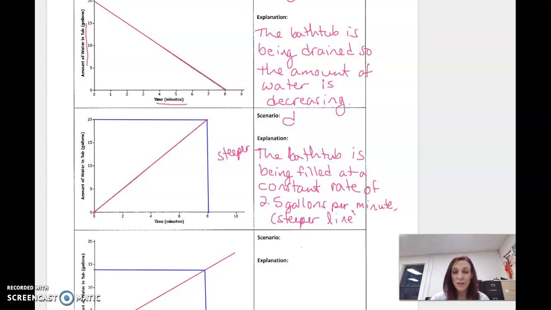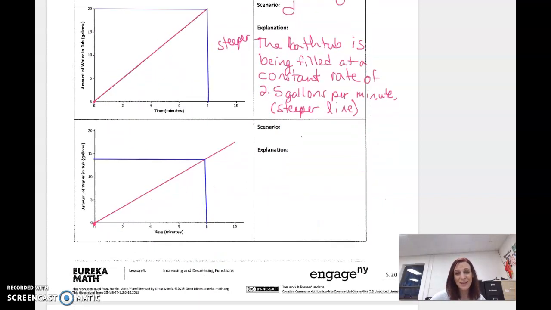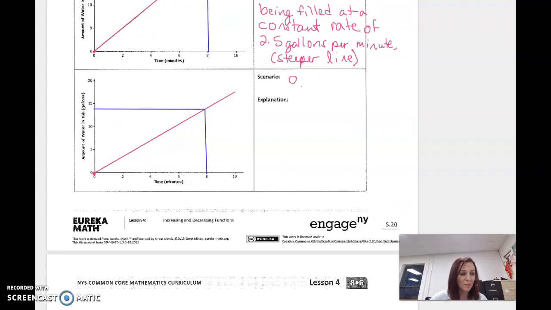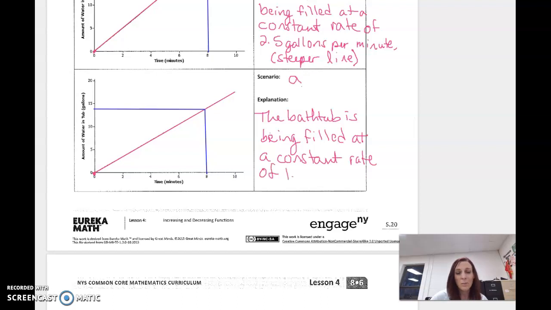Okay, which means, of course, this last one has to be A because it's the only one we have left. Okay, and we'll just say the bathtub is being filled, spelling it correctly, at, oh goodness, a constant rate of 1.75 gallons per minute.